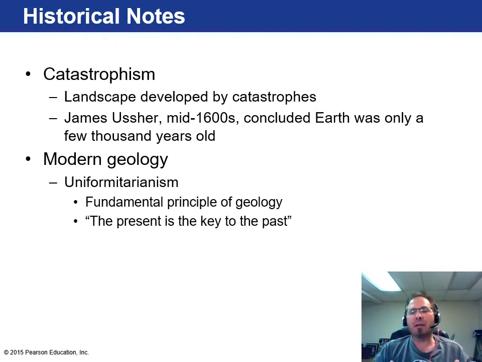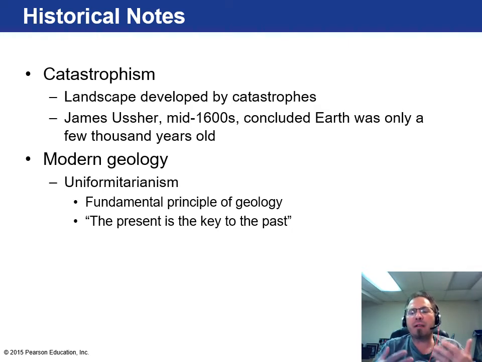And out of this, a bit later on, they came up with what's called uniformitarianism. That's a long word, right? It means the present is the key to the past. The geology of areas isn't formed any differently today than it was several million years ago, or a billion years ago.